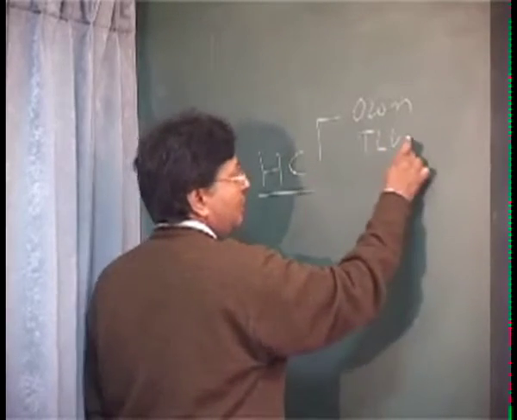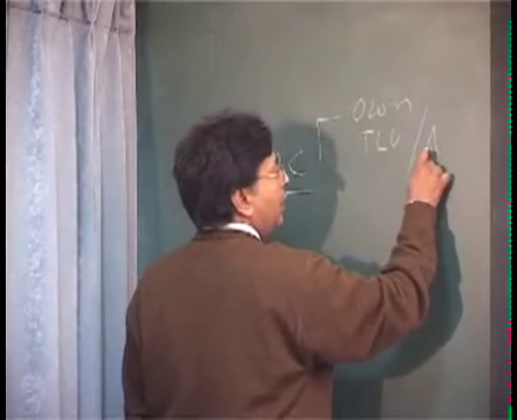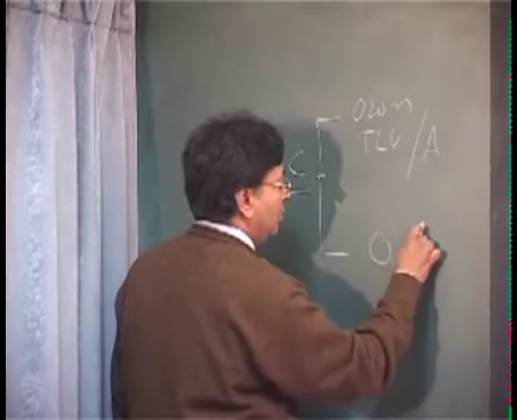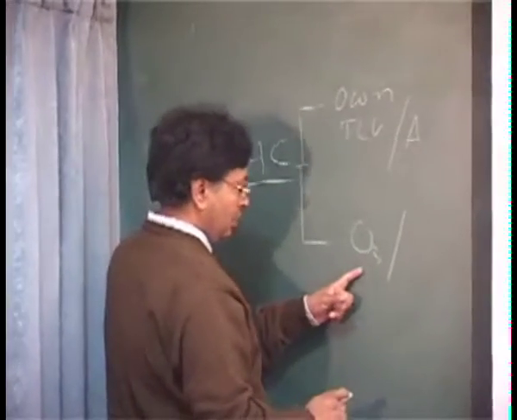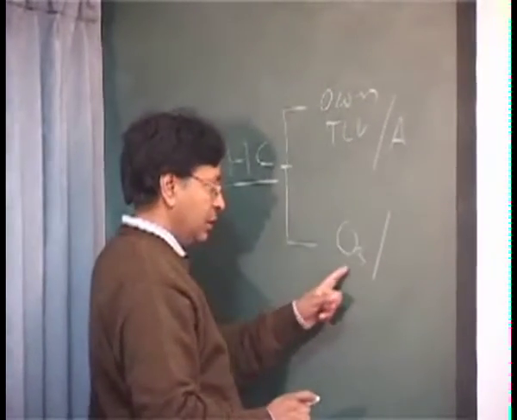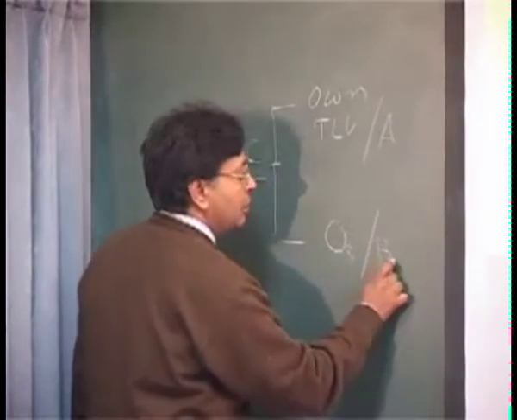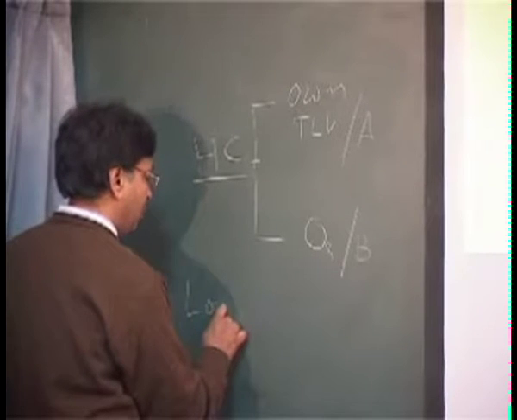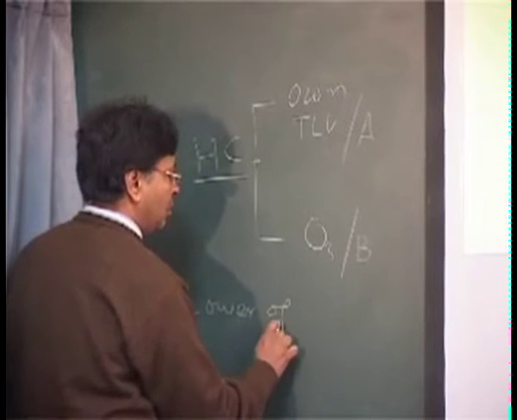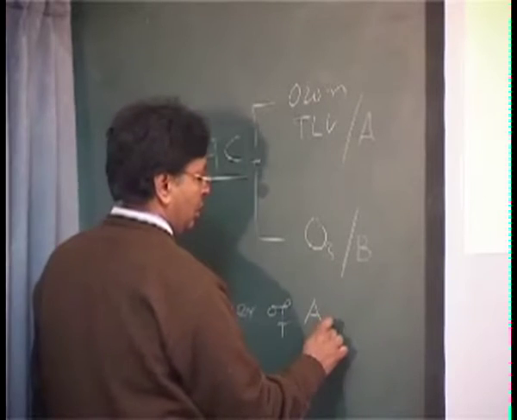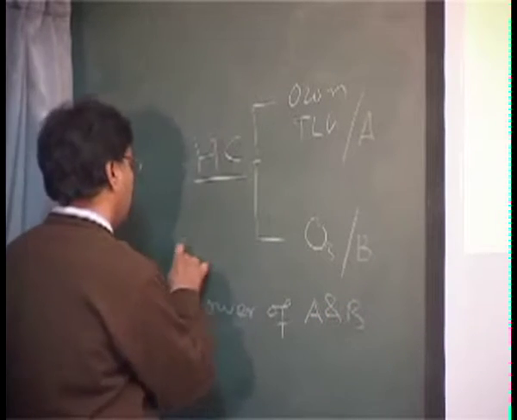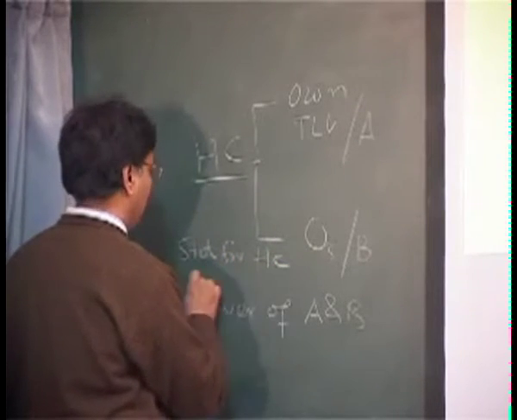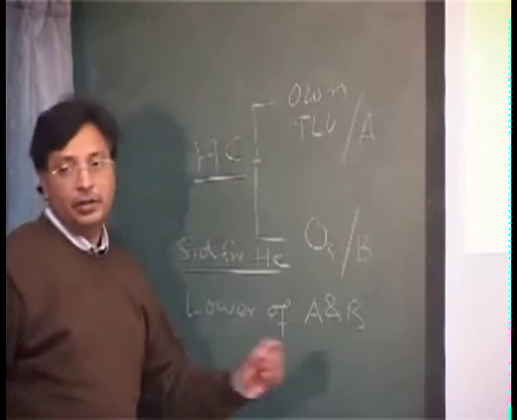But this may be a concentration, let's say A, but this also has a potential to form ozone, and to maintain the ozone concentration, I need the concentration B. So my standard for hydrocarbon will be the lower of A and B.